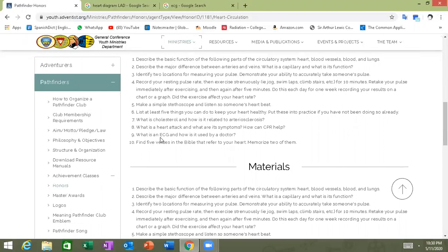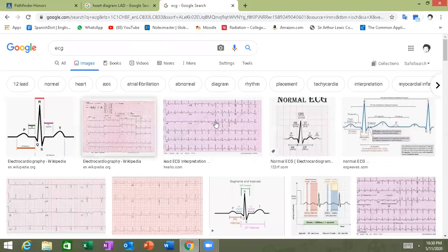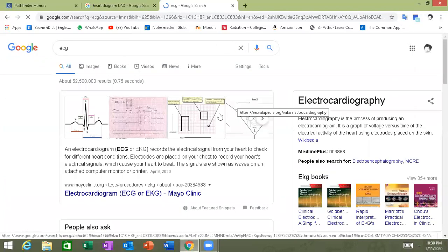What is an ECG and how is it used by a doctor? Electrocardiography is the process of producing an electrocardiogram.